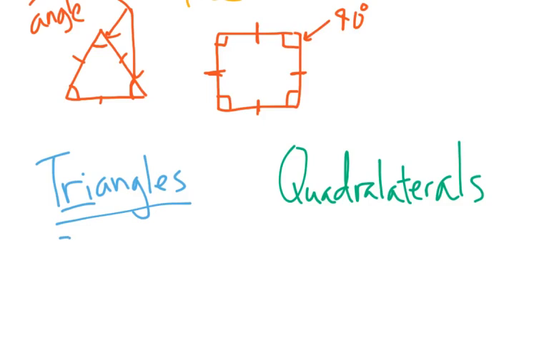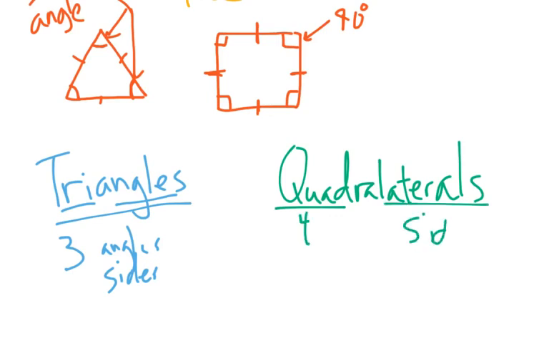Triangles: tri means three, angles is an angle, so we're looking at something with three angles or three sides. You already know that. Quadrilaterals, you can probably guess: quad meaning four, laterals meaning sides. We're looking at four-sided figures. And when it comes to describing these four-sided figures, we have different ways of quantifying them and describing them. Let's get to that now.